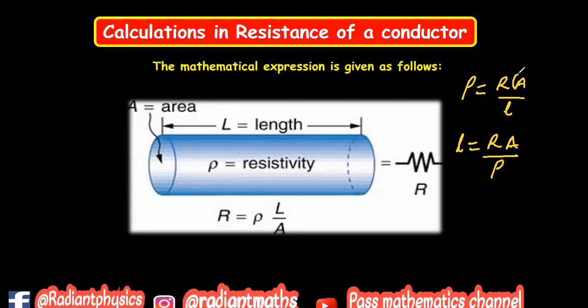What if you are asked to find the area? So this area, again, what we need to do is to make A the subject of the equation again. So this will multiply this, so we have this, and then we are going to divide by R in this case. So these three formulas or equations are very important. Please take note of this equation.